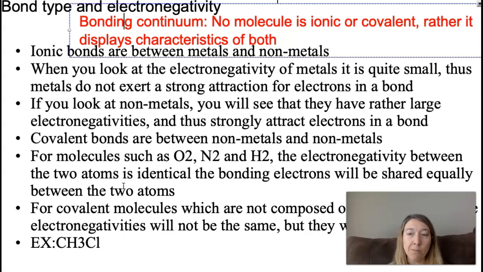So there are definitely some gray area ones, and usually they tend to involve some of those metals that hug your staircase, where they're not actually ionic, they're actually going to be covalent most of the time. And you'll notice sometimes that when we name them, and this is frustrating for some of you, sometimes we name them as ionics and sometimes as covalents, and both are deemed acceptable.